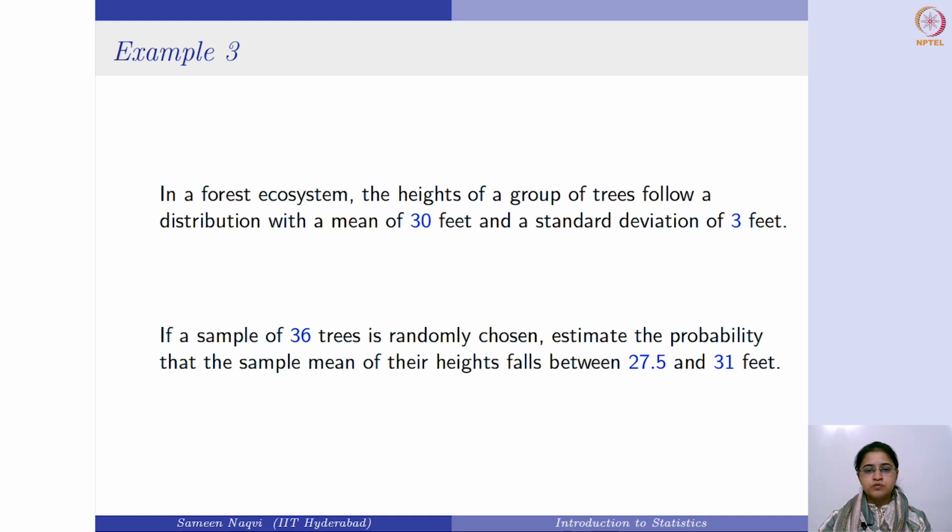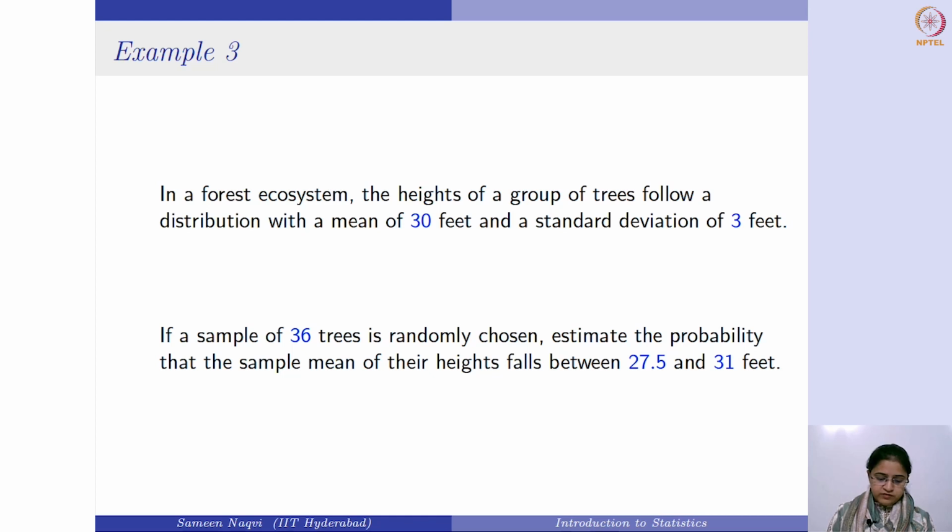Note that here we are not given the distribution of the population. However, we know that a sample of 36 trees has been taken. The general notion is that if the sample size is greater than 30, you can apply the central limit theorem, even though the population is not normally distributed. So let us solve this.